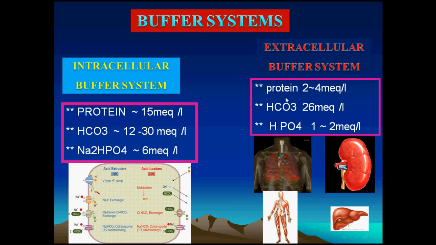Also the solutions present are protein, bicarbonate, and phosphate, but the major part in the extracellular system is bicarbonate. This extracellular system is composed of these solutions in addition to the lung for the excretion of carbon dioxide, the kidney for the excretion of hydrogen ions and fixed acid, and the other two just for buffering and maintenance of the system.